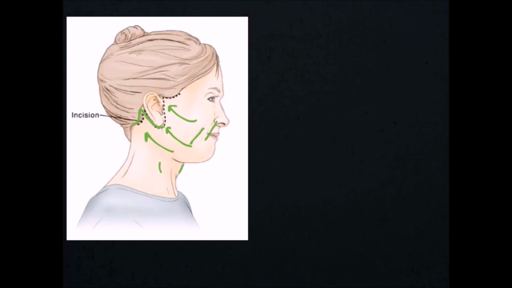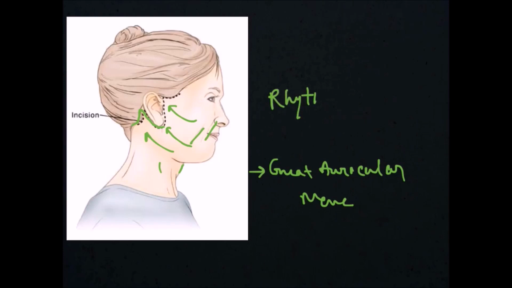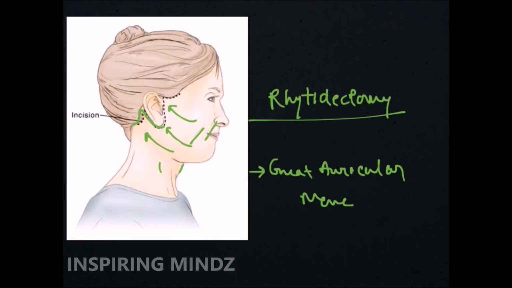This is known as rhytidectomy. The postauricular part is supplied by the great auricular nerve, and hence we give the anesthesia on the great auricular nerve in the process of rhytidectomy. I hope you are clear.